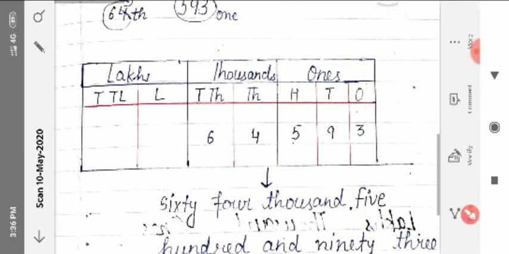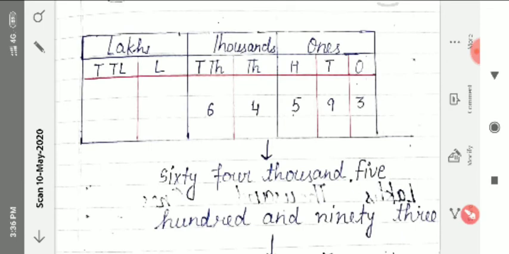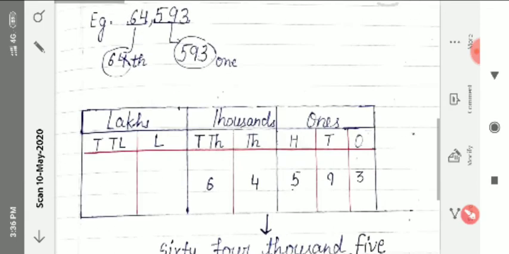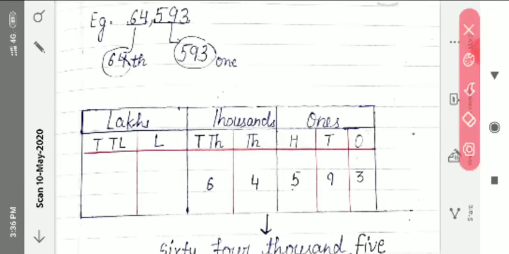Then the required number coming here, as I have put a comma also, is 64,593, because in the ones period 3 places are completed, so I have put a comma here. Then the next period starts, 1, 2, and always start from right to left.